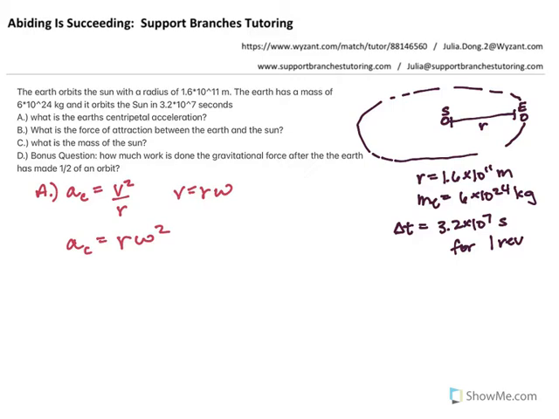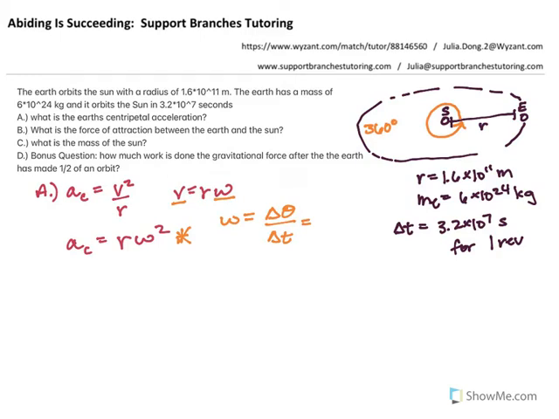Now, we don't know anything about the velocity here, but we have some information that would help us solve for our angular velocity. So this second equation is going to be more appropriate in this particular circumstance. So let's calculate our angular velocity. Angular velocity is how much the angle changes in what amount of time. If this Earth is making one complete revolution, that's one complete circle, you can think of that as 360 degrees.